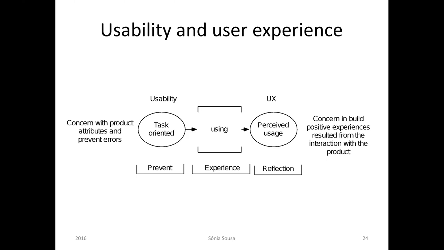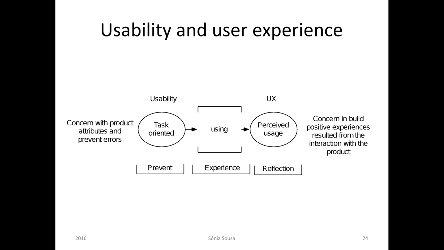If we look at the schema in terms of where usability stays and where UX stays, we can more or less set up that usability is concerned with the product attributes and preventing errors. So usability focuses on the task-oriented, how to prevent something from not working or make it work in a more efficient or satisfactory way.